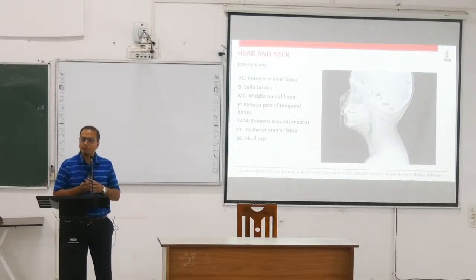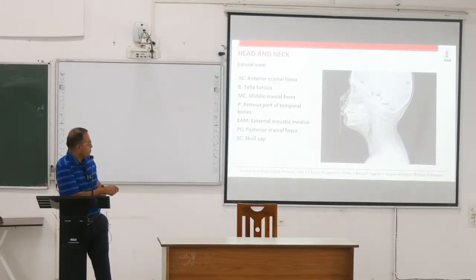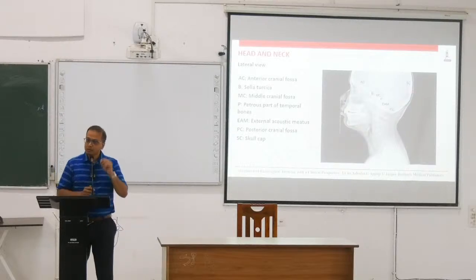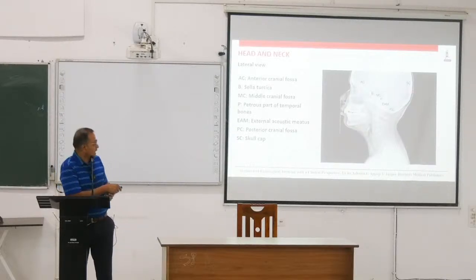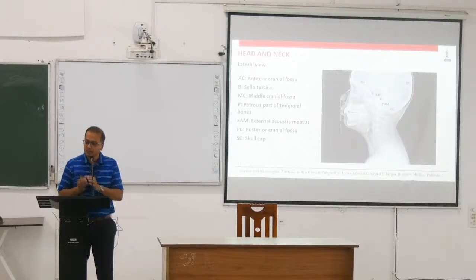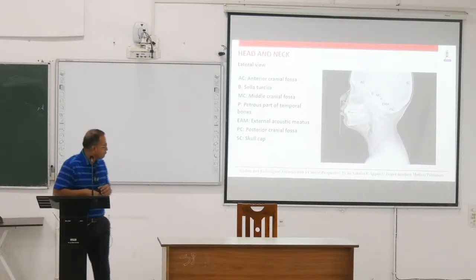So we have this marrow expansion. So this diploic space of the skull region may have expanded. This diploic space, which is lying between the outer table of the skull and inner table of the skull, this narrow region may have expanded, and that needs to be understood whenever you are seeing them.